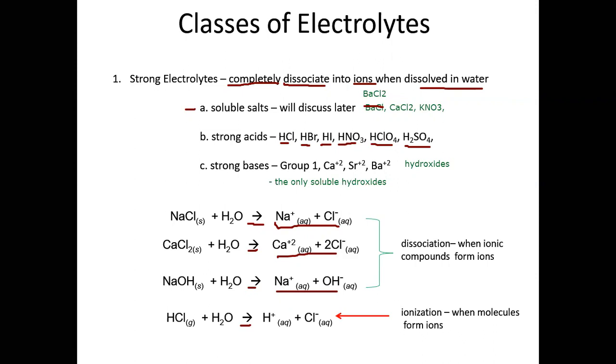They break apart into ions. So that's just a very slightly different terminology depending on what type of compound is forming the ions. If you hear ionization, it's the same thing as dissociation, which means that the compound breaks apart into ions. So for strong electrolytes, we have a single-headed arrow and we have products that are ions.